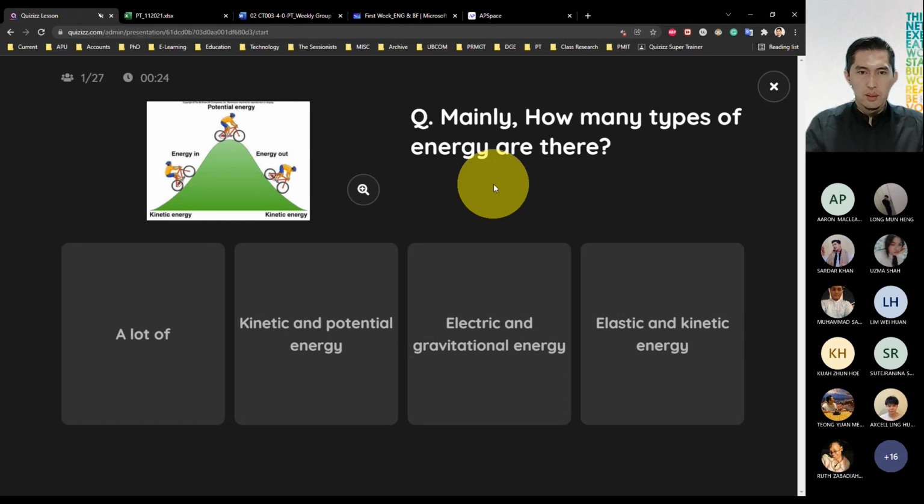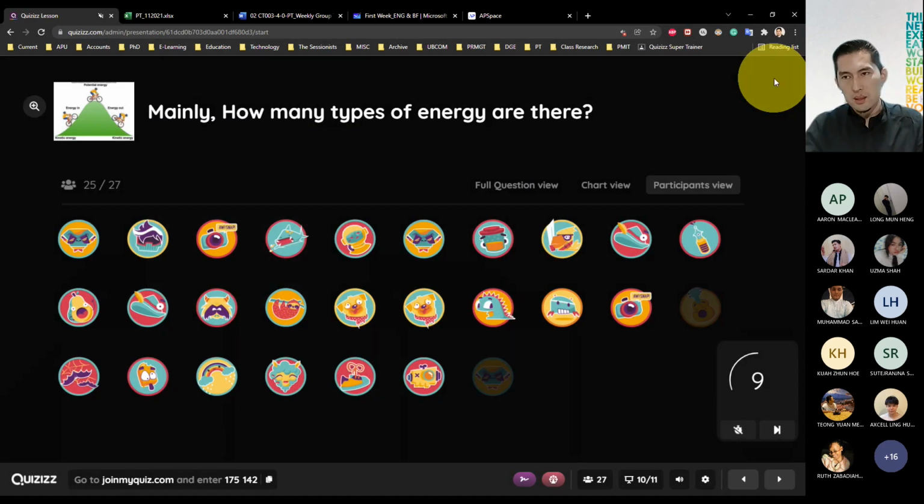Mainly, how many types of energy are there? I'm hoping everyone gets this correct because the answer is in the picture.